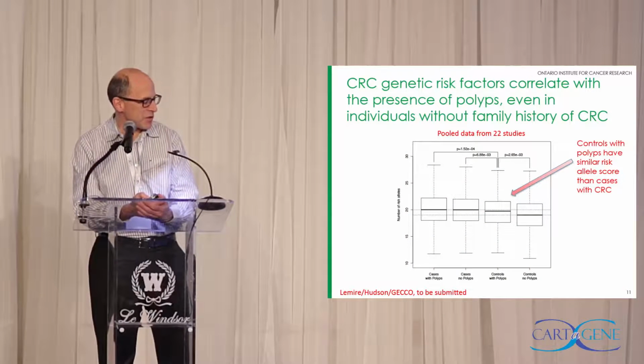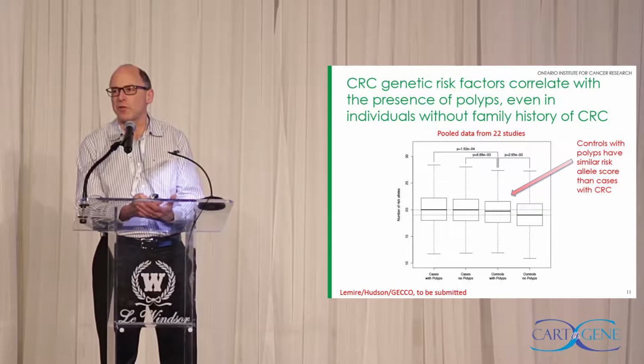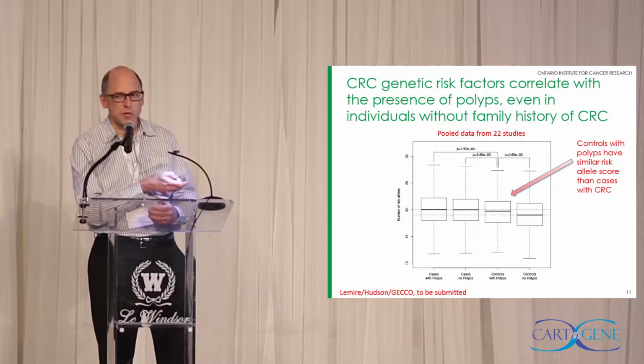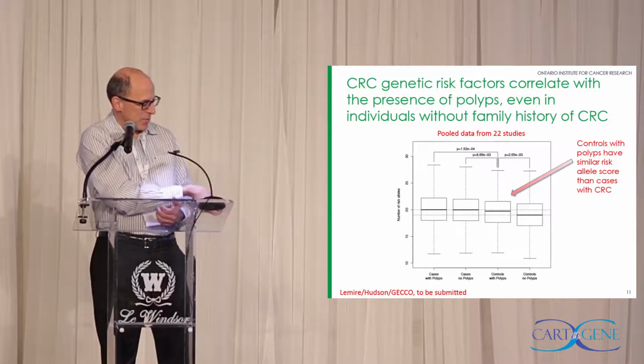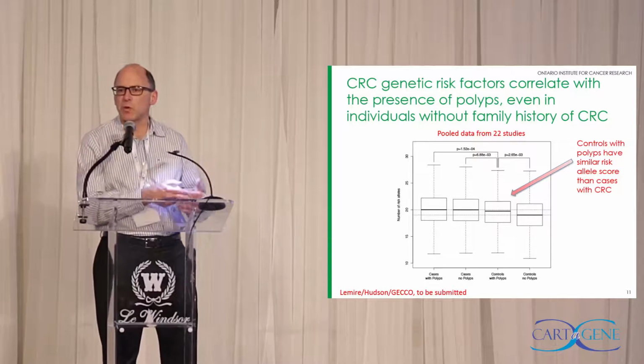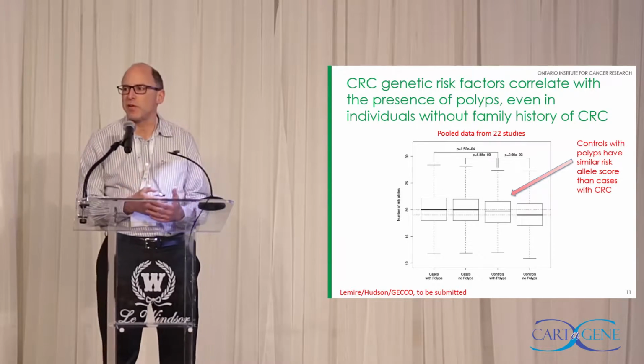But here I said I'd talk about early cancer, so I want to talk about polyps. We looked to see whether the risk alleles that we see for colon cancer are the same as for polyps. And in fact, if we look at individuals with polyps who don't have colon cancer, we see that they have about the same risk allele score as people with colon cancer. So there is a big similarity in risk for polyps as there is for colon cancer.